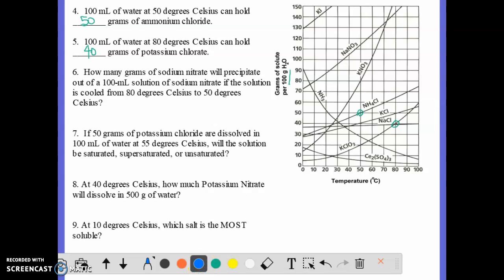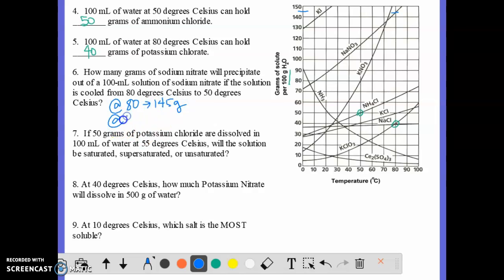We have how many grams of sodium nitrate will precipitate out of a 100 milliliter solution of sodium nitrate if the solution is cooled from 80 to 50. Okay, sodium nitrate is NaNO3. We're starting at 80 degrees. NaNO3 at 80 is there, so that looks like it is 145 grams.